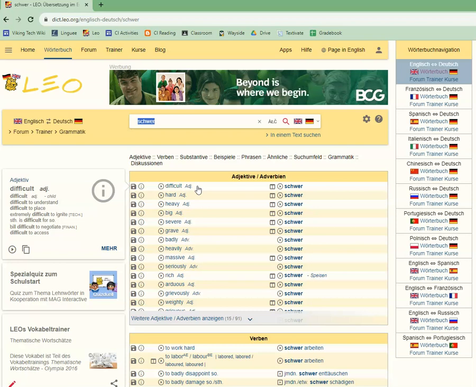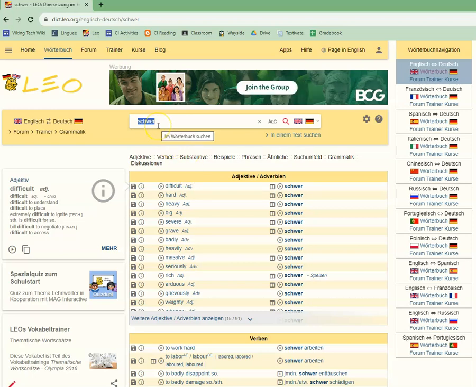Then I can look at the sentence that I see schwer in, and I might translate it using one of those words, big, heavy, difficult, hard, or I might just read the sentence knowing that schwer means something along those lines and not really need to translate it for myself, because I figured out kind of the feeling of what that word is. A lot of times that's what we're going for.